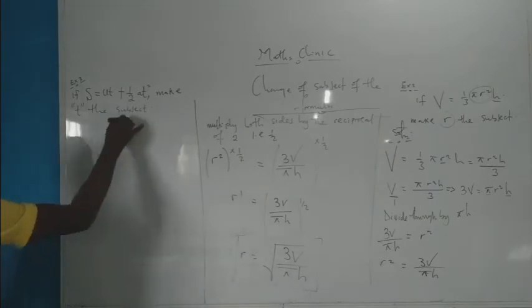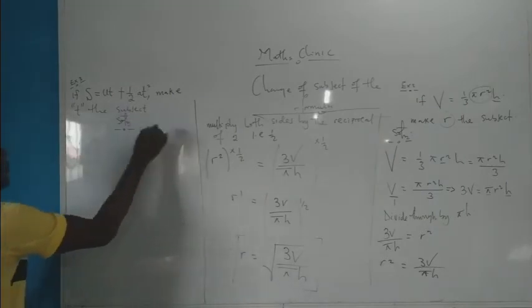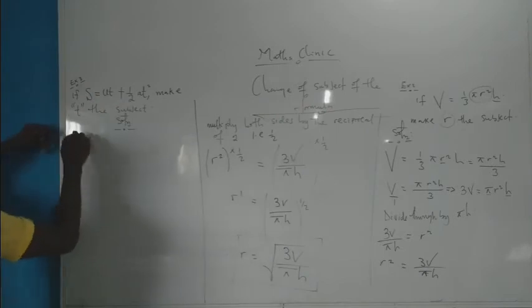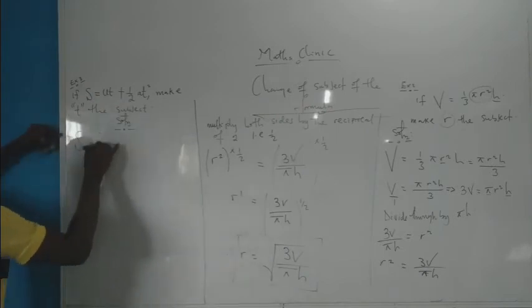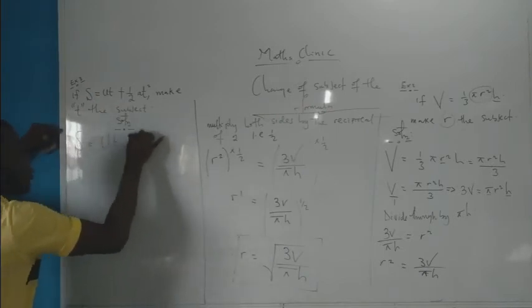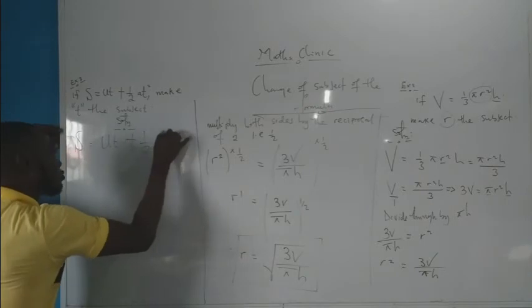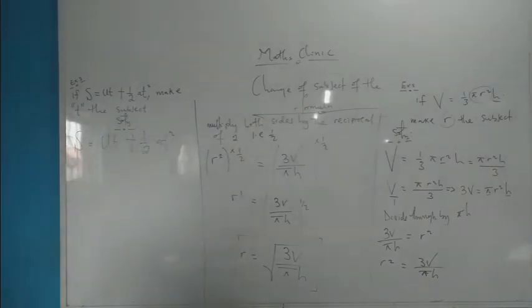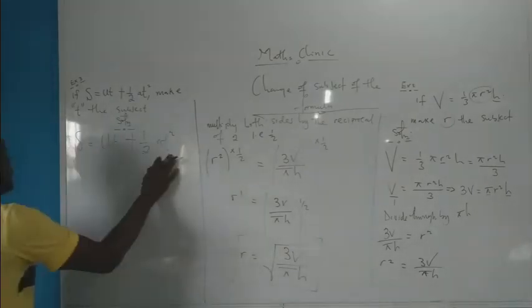Solution. We're given x equals ut plus 1 over 2 at squared. We want to make t the subject of the formula. How to make t the subject of the formula?